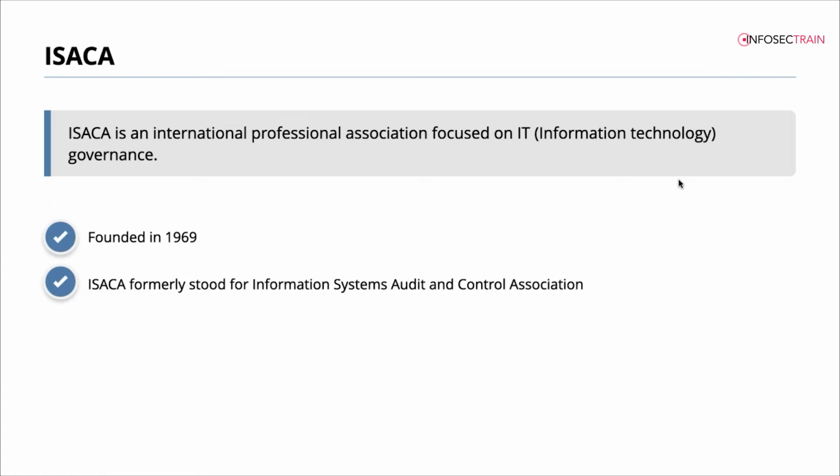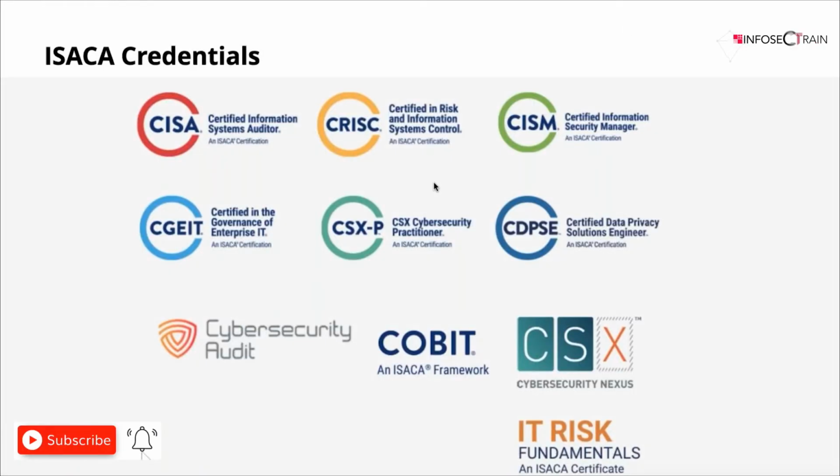The certifications ISACA is quite known for are CISA, CRISC, CISM, and CGEIT. These are the 4, and they've added a few more here, such as CSX Cybersecurity Practitioner and Data Solution Engineer. CISA is one of the most popular and oldest certifications. CISM is relatively newer, but it has still been in existence for almost 18 years.